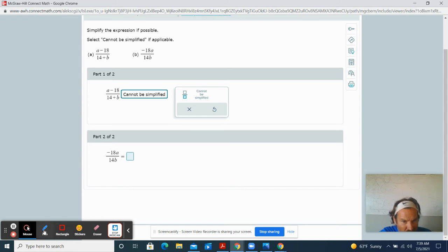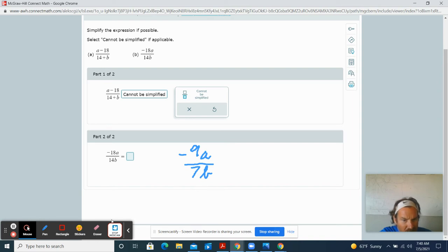So we would have a negative on top. 2 goes into 18 9 times, and 2 goes into 14 7 times. And the A and the B do not cancel. The only time you can cancel letters is if they're the same. And so we put in negative 9A over 7B here.